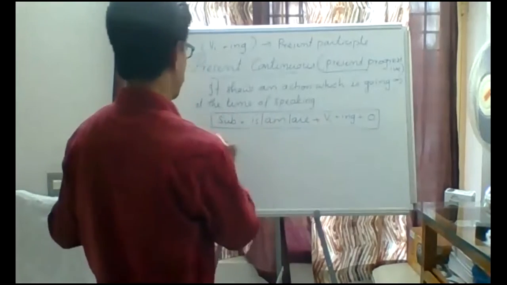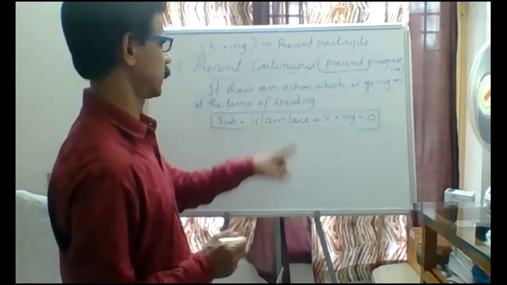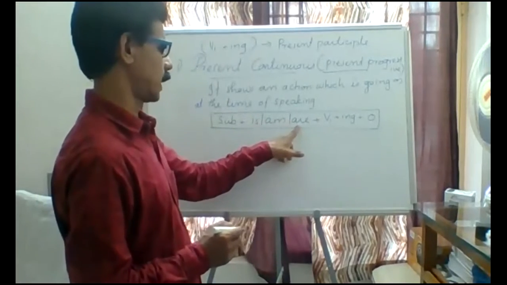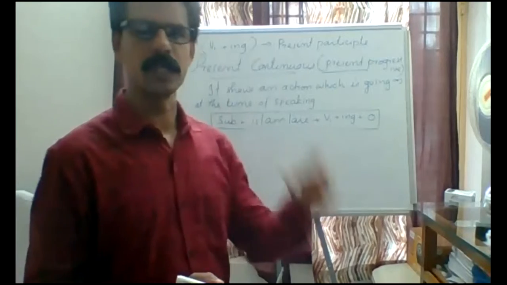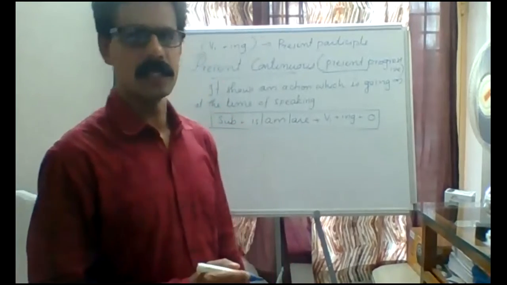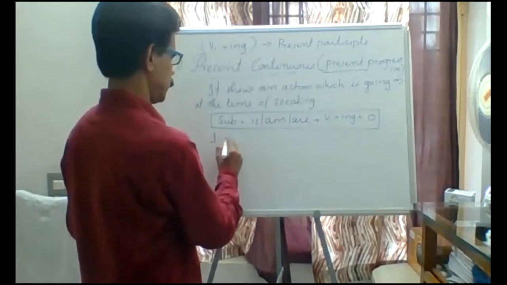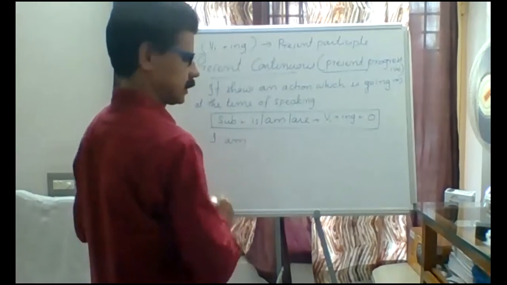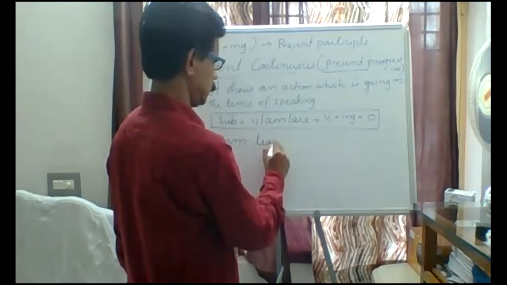Okay. So, for example, I can take is, am, are, the three given. Are is for the plural. Am is used with I, and is for singular subjects. For example, if I take am: I am teaching English.